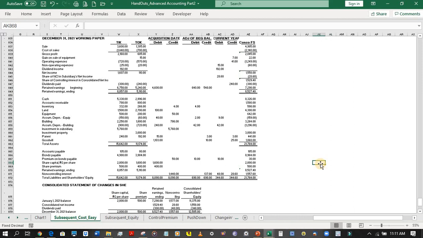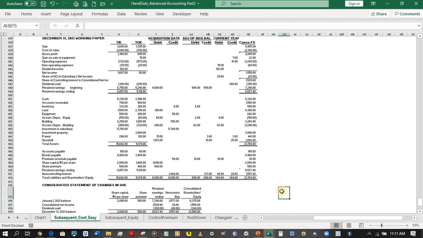So the financial statements will include the consolidated income statement here, only up to 1,529.4, which is the share of the controlling interest, the statement of financial position here, and the consolidated statement of changes in shareholders' equity is this part.